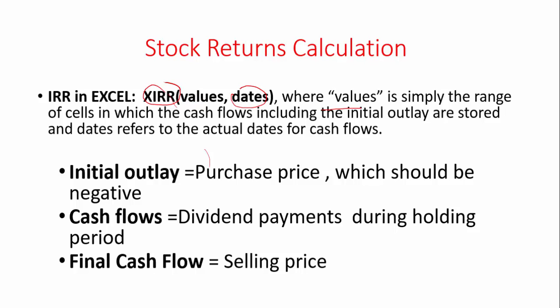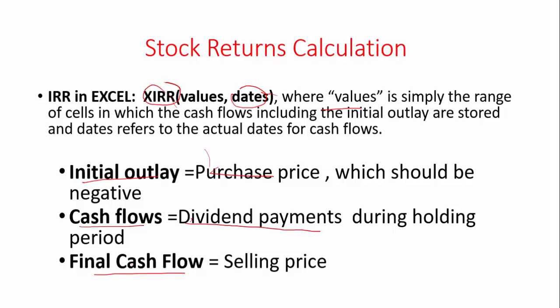Values means the cells that have the cash flows, including the initial cash flow, and dates means the dates when the cash flows came in. The initial cash flow outlay usually refers to the purchase price, the cash flows are all the dividend payments during the holding period, and the final cash flow is the selling price. So these are the basic terminologies.